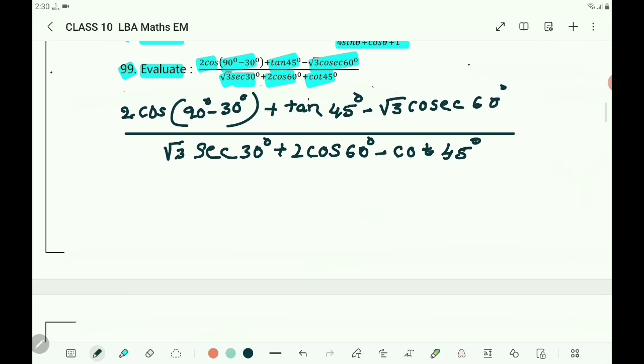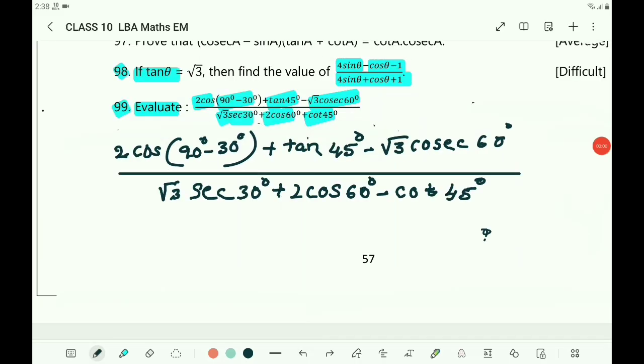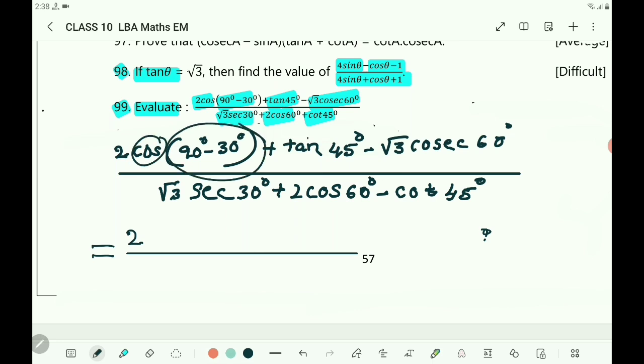Cot 45 degree equals, write 2 as it is. Cos 90 minus 30 is cos 60. What is the value of cos 60?